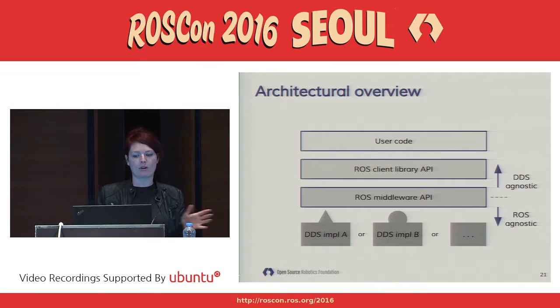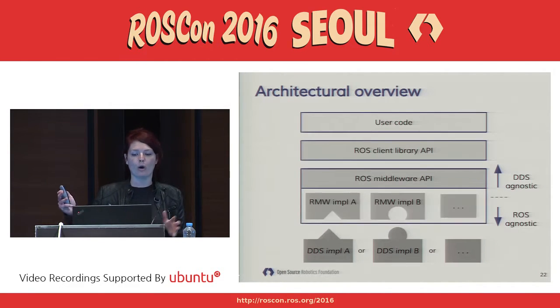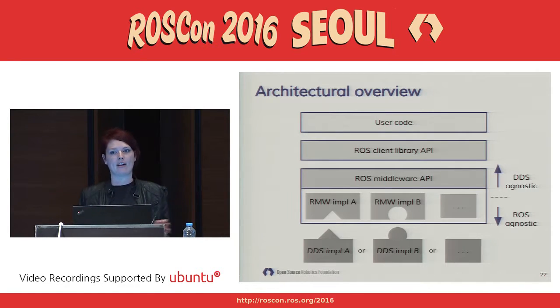Part of what's done in the ROS Middleware API is to absorb the differences in those implementations, kind of smooth out the variations between the vendors, so that from code above that layer, all of the vendors are seen equally in the eyes of ROS.